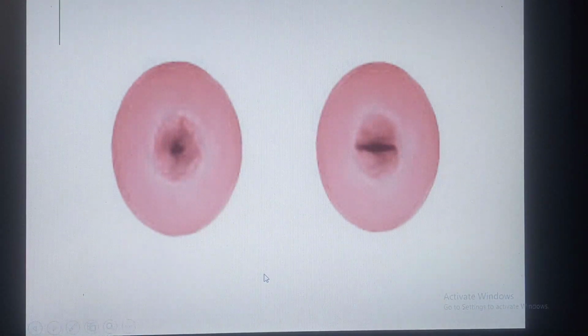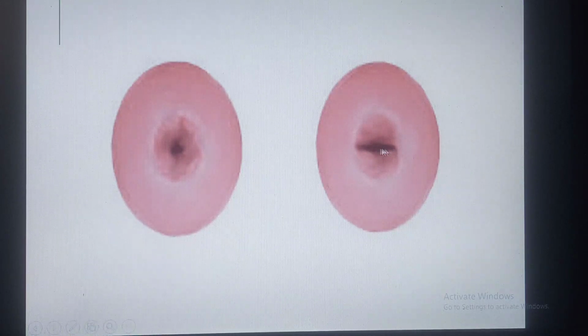Now, I told you about the external os, the ostium. Depending on whether you've given birth through the vagina or not, the shape of the external os may vary. This one is roughly oval shaped, which means the person has not given birth through the vagina before, that is, nulliparous.